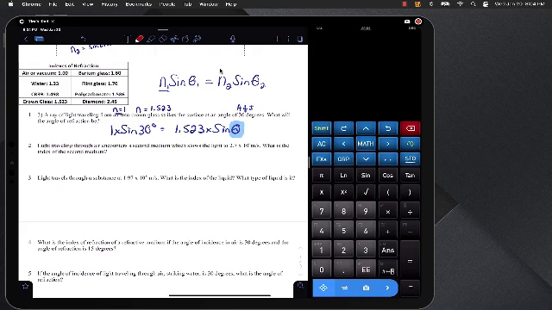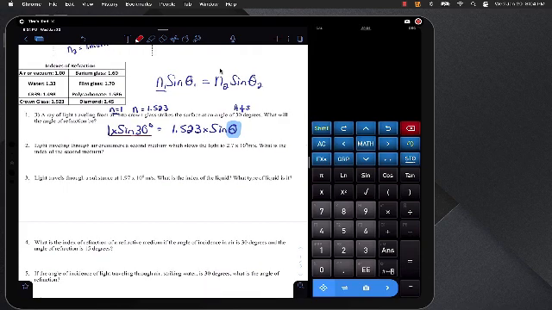So I would divide both sides by 1.523, and that goes away from that side. If I just want the angle, I have to do the opposite of a sine, which is the inverse sine. That's where we're going to have to use our calculator.